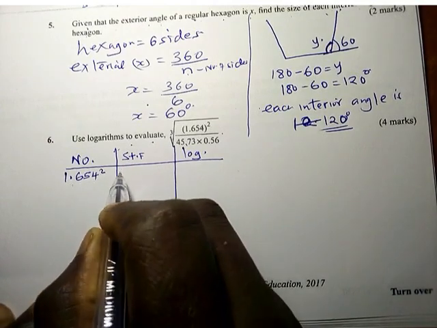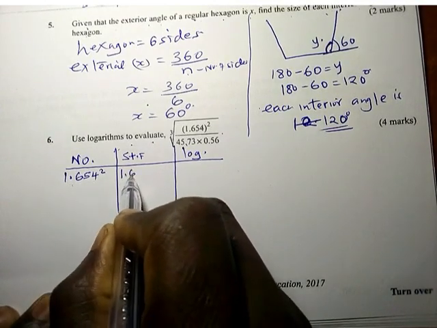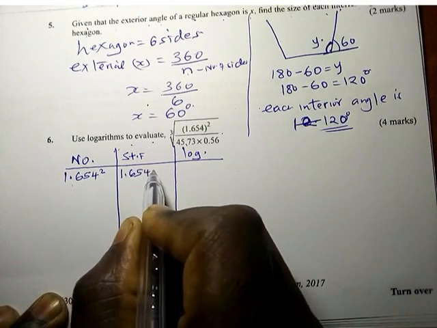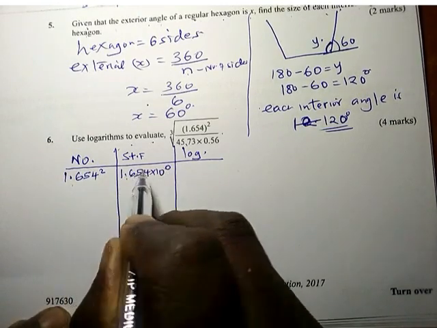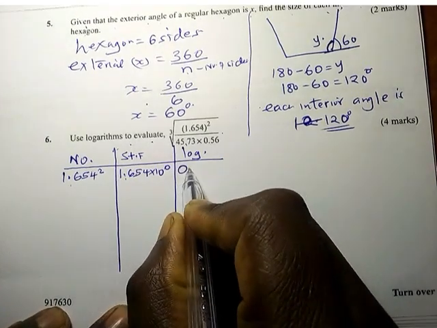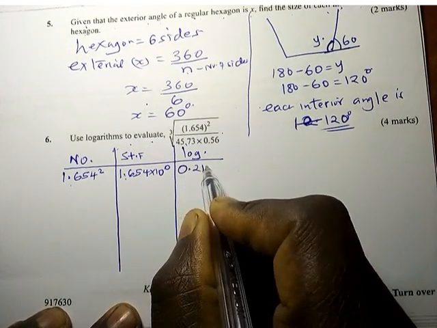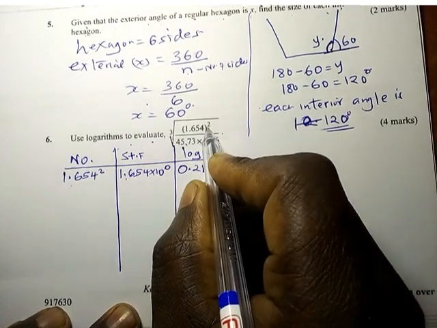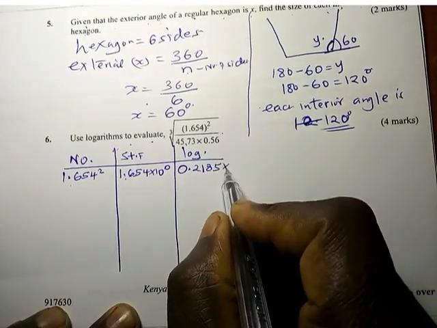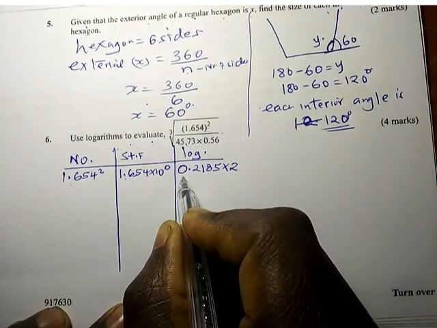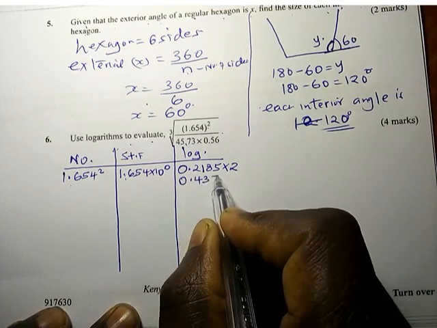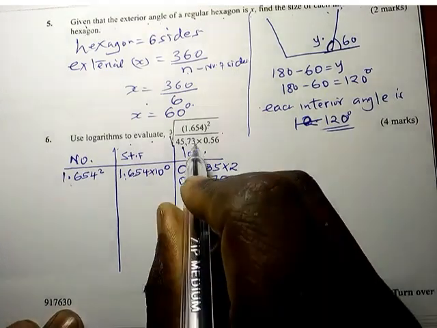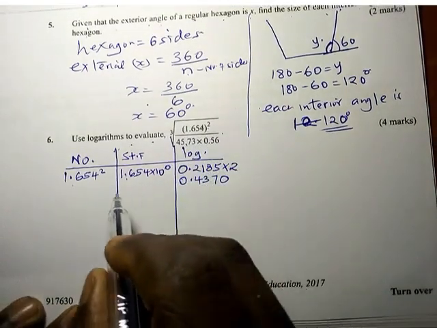The number is already in standard form, so it is 1.654 times 10 raised to power 0. The log of this is 0.2185. Squared means we multiply by 2, so it gives us 0.4370. So we are finished with the first number.